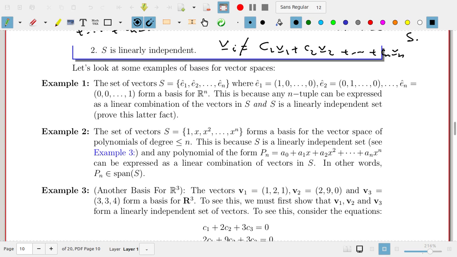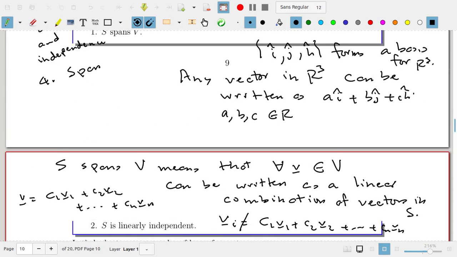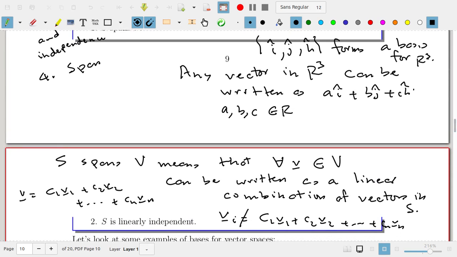So these vectors form a basis for Rn. Why? Because this set is linearly independent, and the vectors in the set span Rn, right?